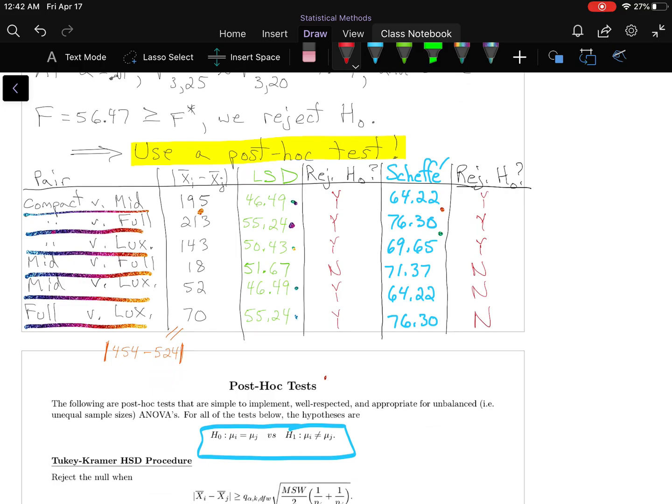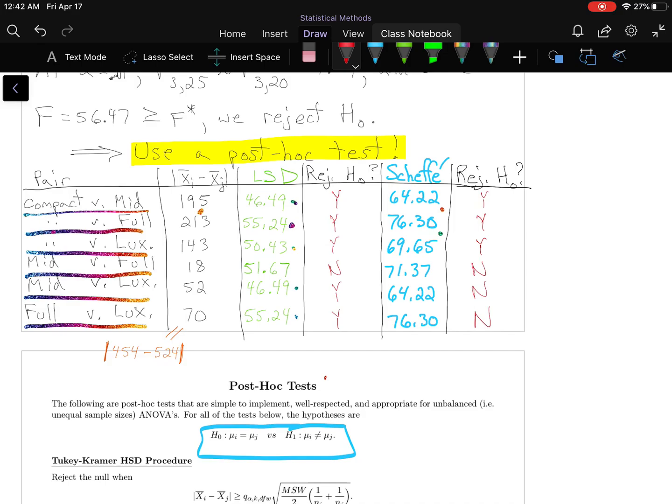The reason is that the Scheffé test tends to be more conservative. It's one of the most conservative tests, so it tends to reject less, which isn't a bad thing, but it's good to be aware of that. Both tests are well respected. Fisher tends to be used more often than not.